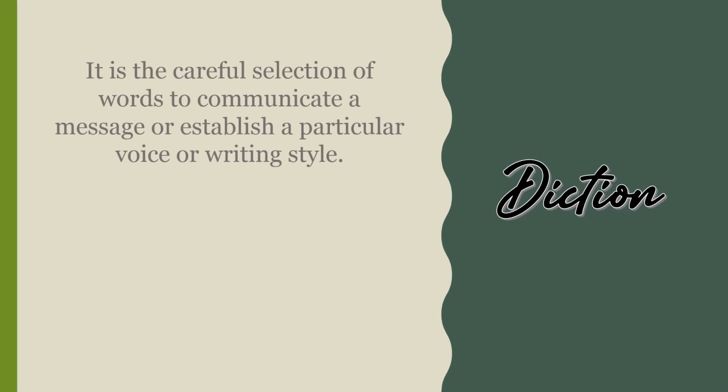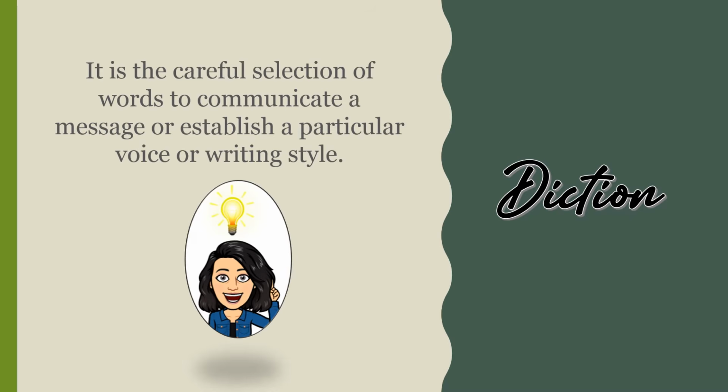Diction. A common misconception about this device is that it has something to do with articulation or pronunciation of words. It is not. But diction really refers to the writer's choice of words or language. Diction is the careful selection of words to communicate a message or establish a particular voice or writing style.